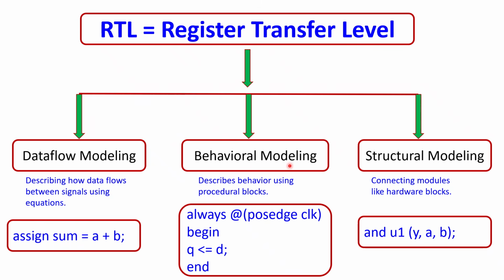And the behavioral modeling describes behavior using procedural blocks. Here we use always and certain procedures. And in the structural modeling, we connect modules like hardware blocks. Here we use gates and we write the RTL code. Let us see how we write each modeling.